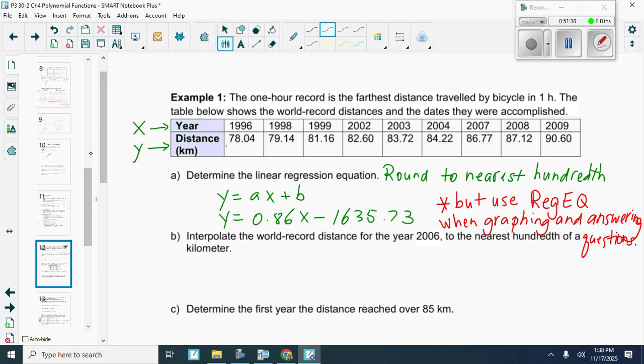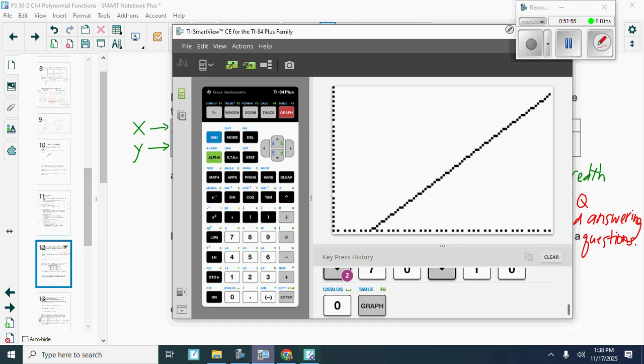There was no 2006, but since we have a regression formula, we can figure out what it is. Our year was our x value, so the x that we're looking for is 2006. How do you figure out the matching value when x is equal to 2006?